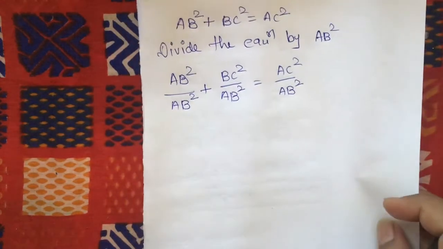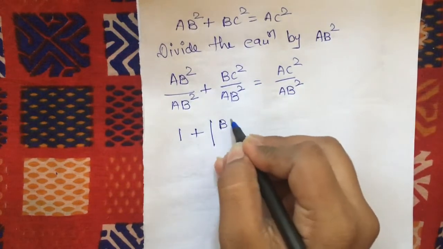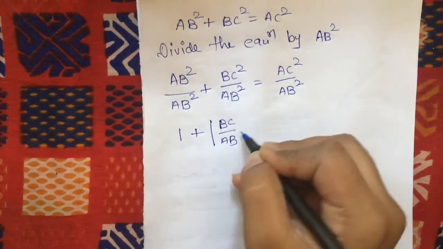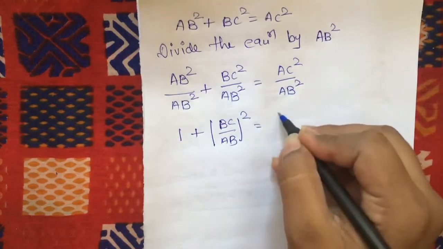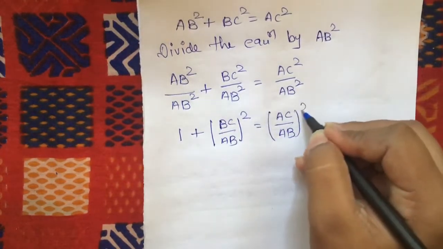So this is 1 plus BC upon AB whole square is equal to AC upon AB whole square.